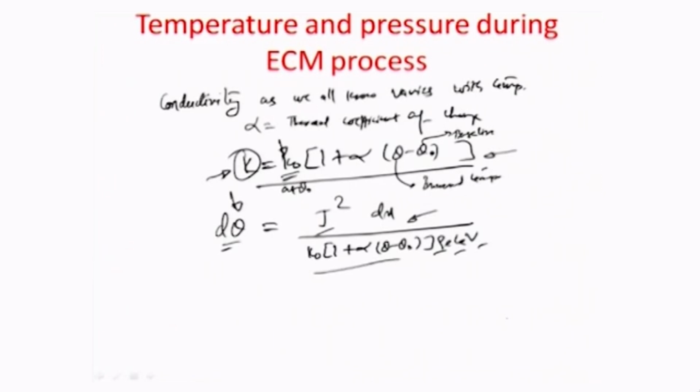Of course, if we assume that the temperature has changed from 0 to some value delta theta, we can integrate the d theta term as it moves along the path 0 to L.